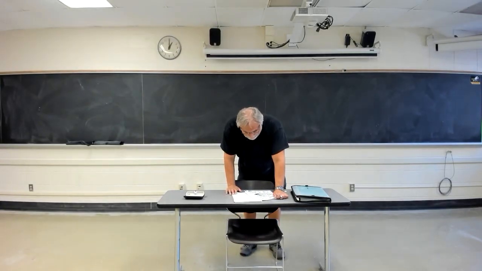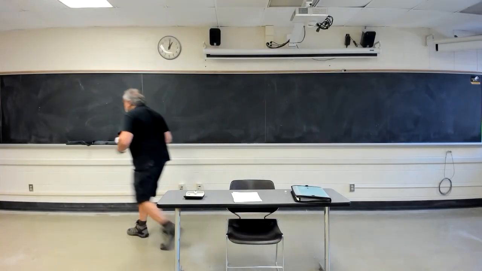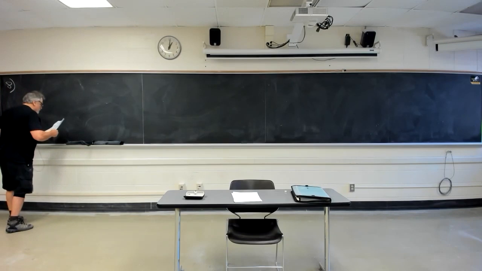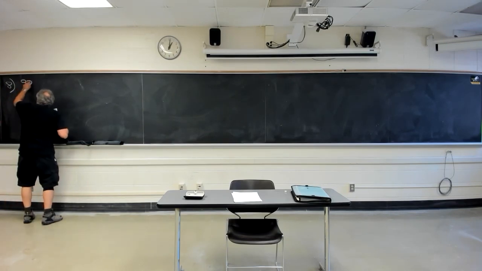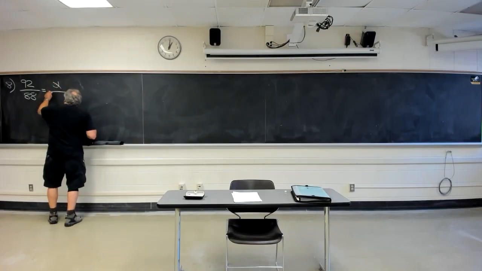Well, if we're talking about foussi, and the plural of it is foussi, if one person is 92 and the other person is 88, tall divided by short is going to be tall divided by short.